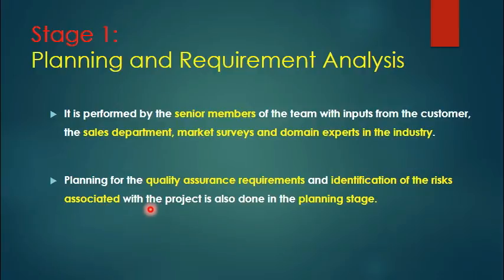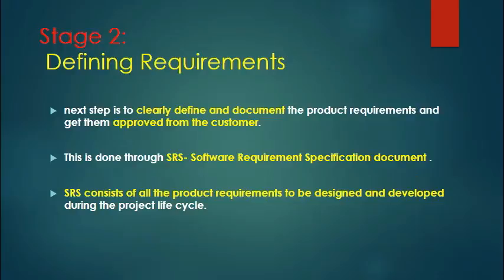Once this is done, the second stage, that is defining the requirements, means we clearly define each requirement specified by the customer and document it, that is we note it down and get it approved by the customer.